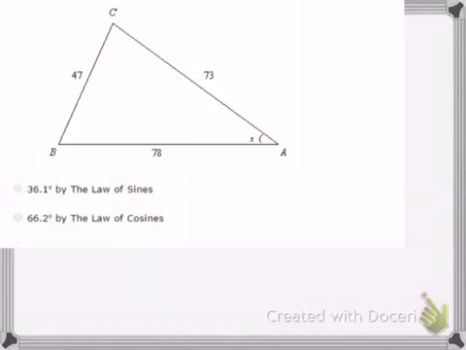What we're given here is three sides, and with one exception, if you have two sides or more given, you're going to use the law of cosines. So side, side, side is always law of cosines, and that's what we're looking at here. Side, angle, side is also the law of cosines.